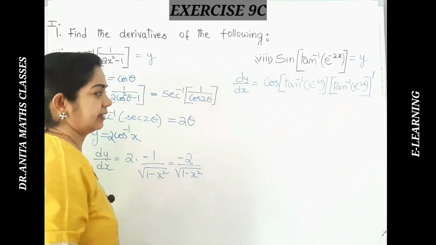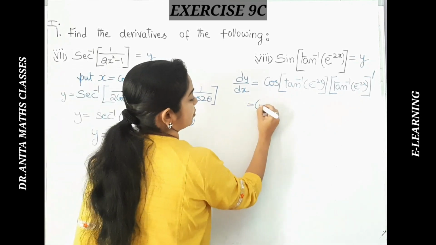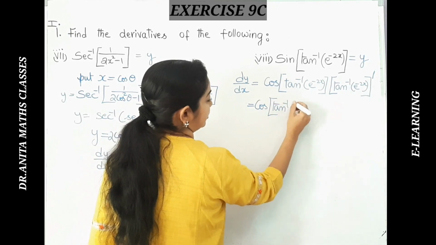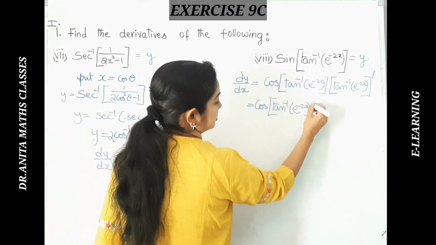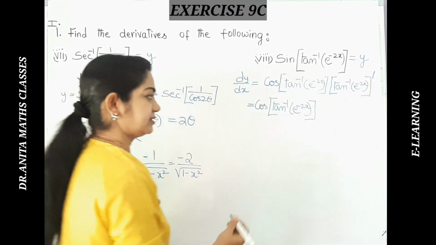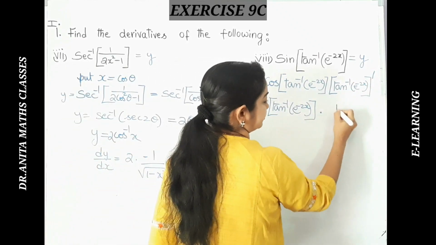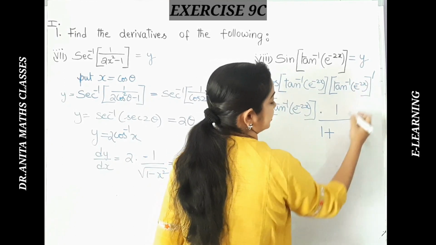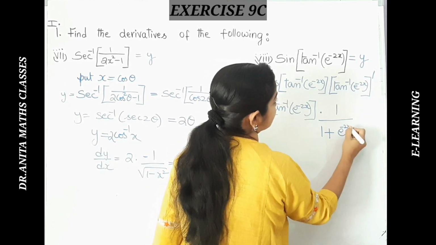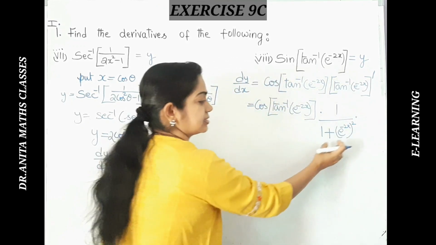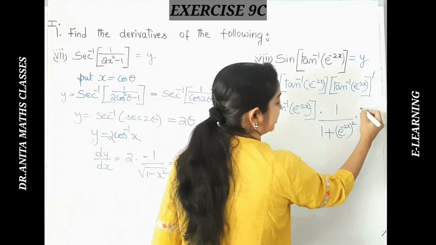In the next step we will do cos of tan inverse of e to the power of minus 2x, times the derivative of tan inverse. Tan inverse of x is 1 upon 1 plus x square, but here x is e to the power of minus 2x, whole square. Again the chain rule, this is not x, so we have to do the derivative.